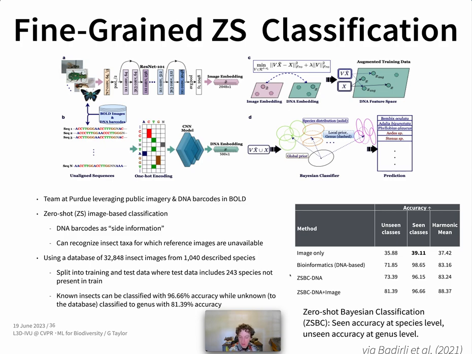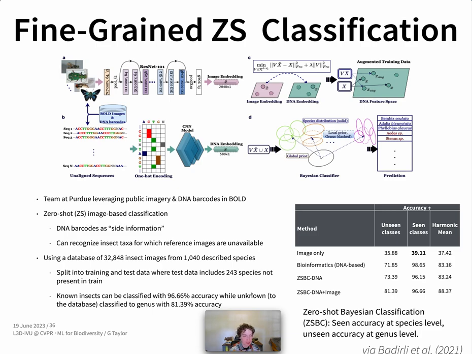If they do zero-shot Bayesian classification just in the DNA space, they get a certain level of performance. But the main point of this paper is showing that they can use image-based input to improve over DNA alone, where if we look at the harmonic mean over the seen and unseen performance, it's better than using either modality alone.